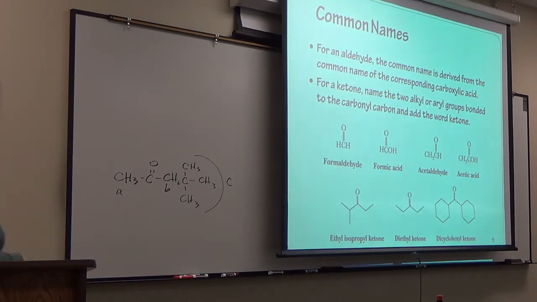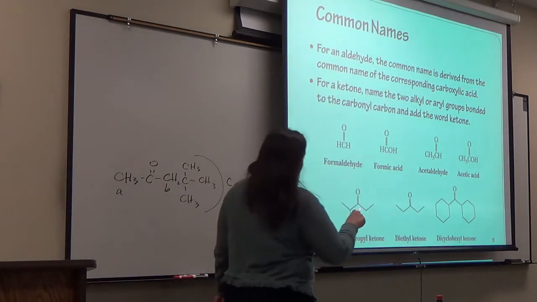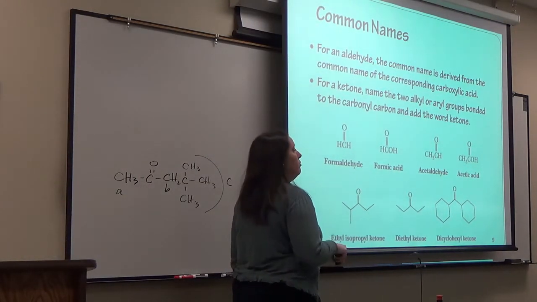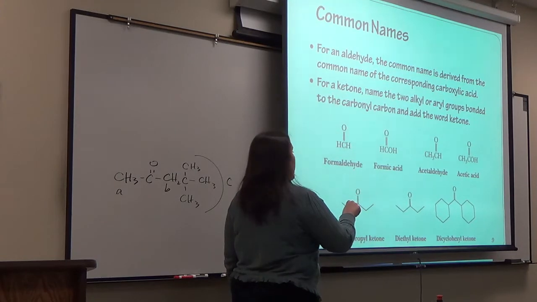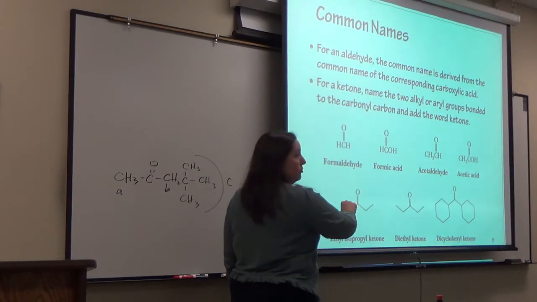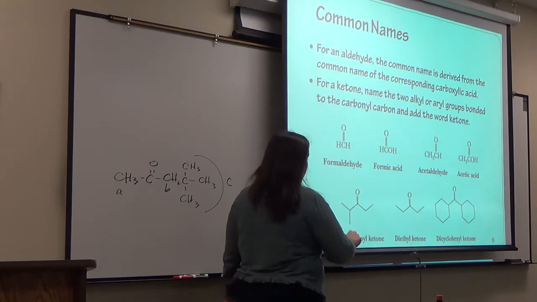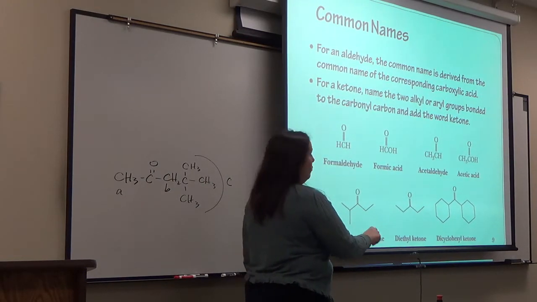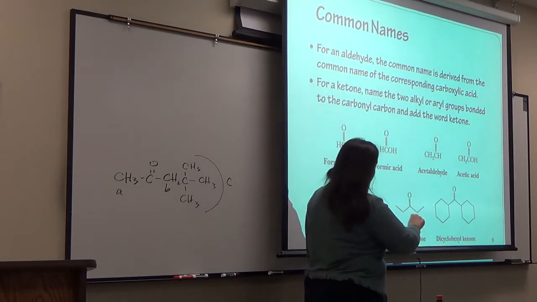For the ketones, though, what you do is you take the carbonyl, you name that ketone, and then you name both sides, like we did with the esters, remember that? So this side is 2 carbons, so that's ethyl. This side is isopropyl. So again, alphabetical order, so it becomes ethyl isopropyl ketone. If you have 2 that are the same, they're both ethyls, then it becomes diethyl ketone.